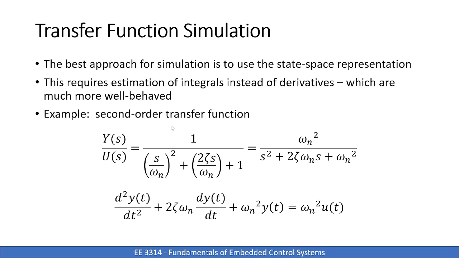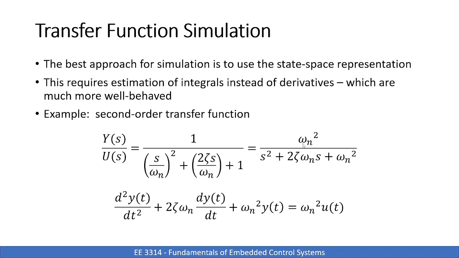Okay, so we're going to use a general second order transfer function. Here we have y of s over u of s, or h of s, for the closed loop system, in our general second order form, right? So here we have our omega n squared and our zeta, our two parameters that describe this second order response.